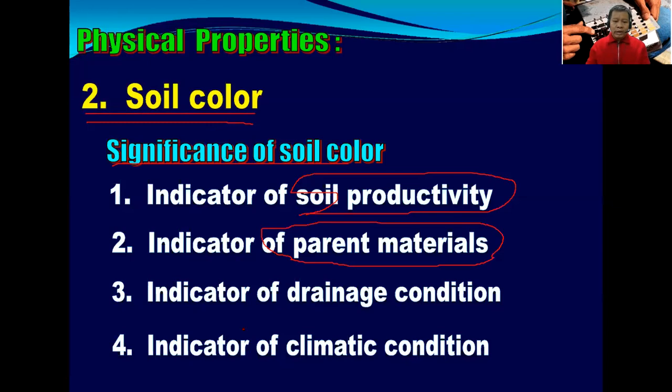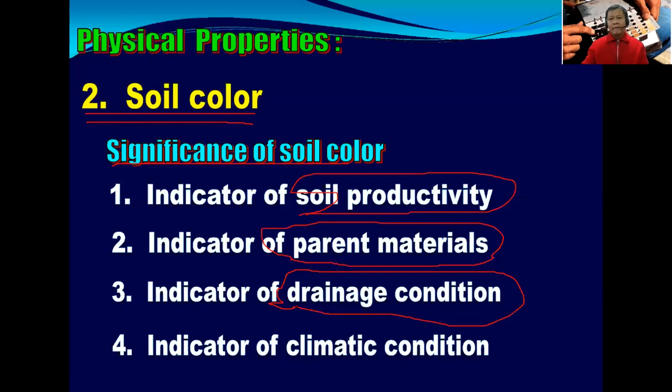Also, the soil color indicates a drainage condition. Kung gray ang color or abuhon ng lupa, then we would infer and conclude maybe this particular soil has been submerged for many years in previous years. So ganun, no?